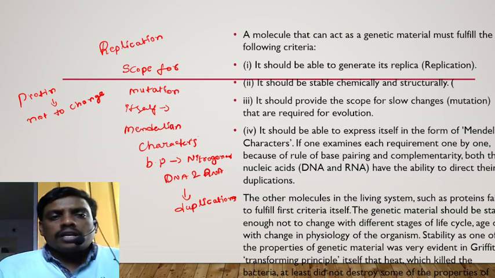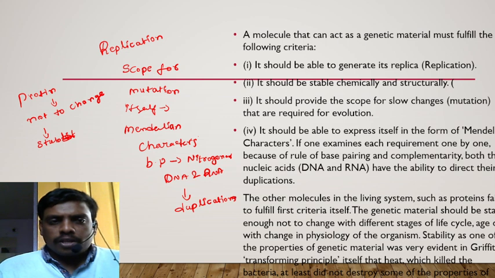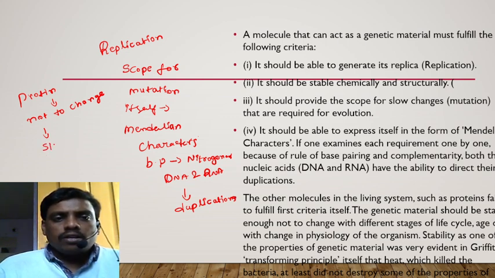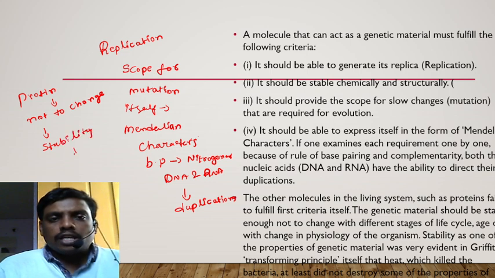The stability of a genetic material can be understood by an experiment called Griffith's transforming principle.